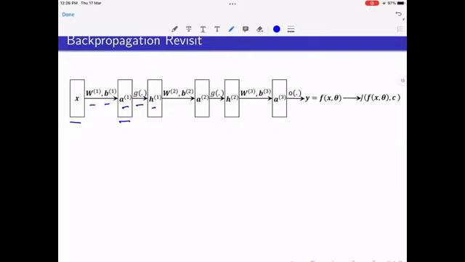Then again through the linear layer to get pre-activation, activation, again pre-activation, and finally you have the output activation function, which for a classification problem is mostly softmax. Then it gives the output as some f(x; theta).